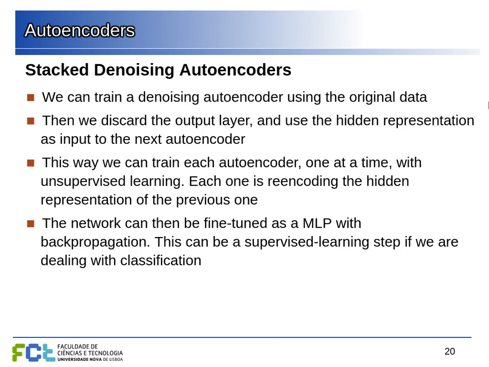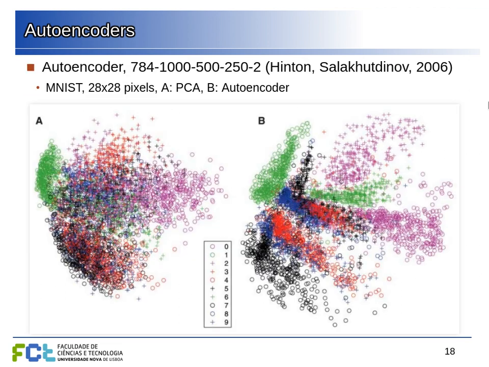This is an example. If we re-encode the 784 length vectors of the images into this two-dimensional representation, it is much easier to separate the digits than in the original data.